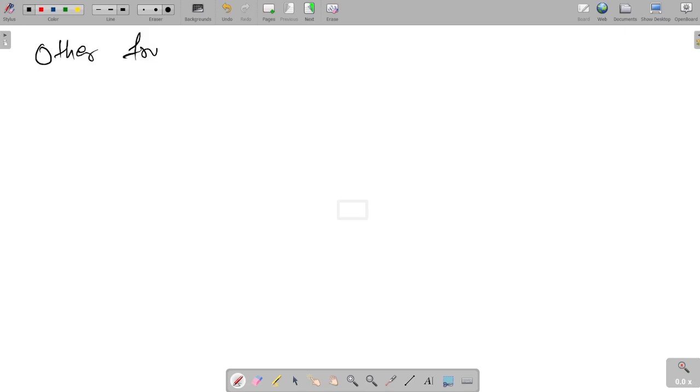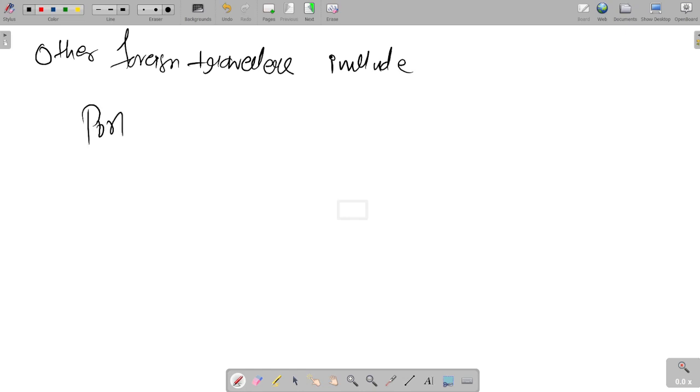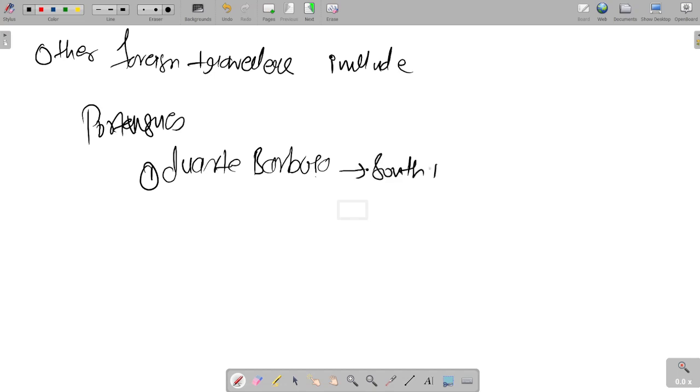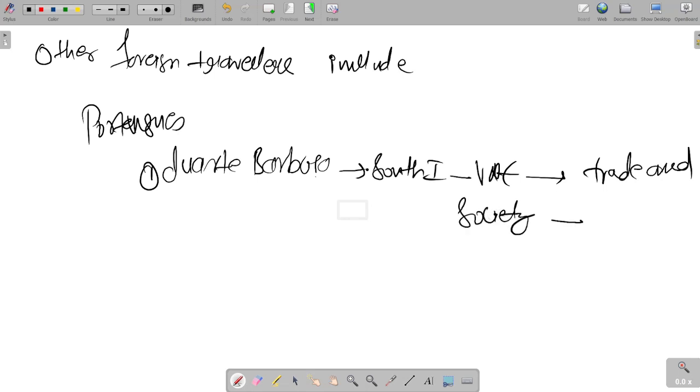Other foreign travelers include Portuguese travelers like Duarte Barbosa, who visited South India in Vijayanagar Empire majorly and compared trade and society of India in 1500s.